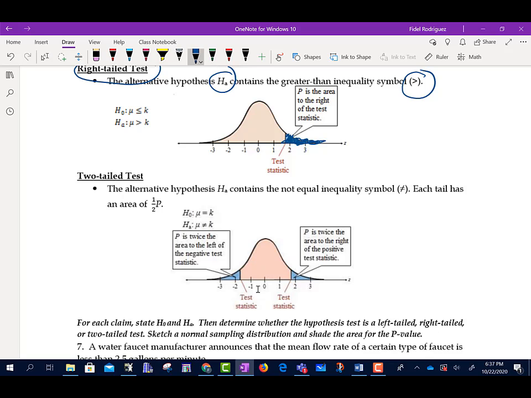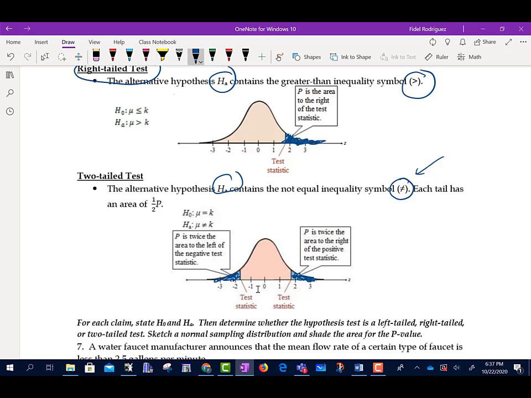If the alternate hypothesis, my HA, has the not-equal inequality, then each tail has an area of half of that p-value. So half of that p-value will be here, and half of that p-value will be over there. Two-tailed because there are two parts. Why? Because when something is not equal to, that means it's either less than or greater than.